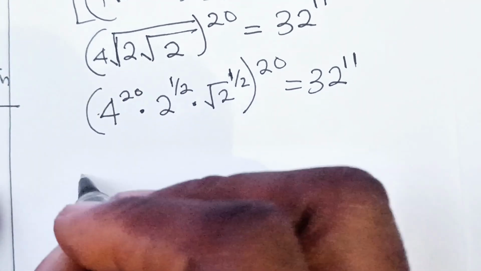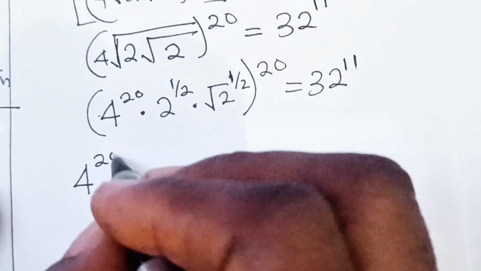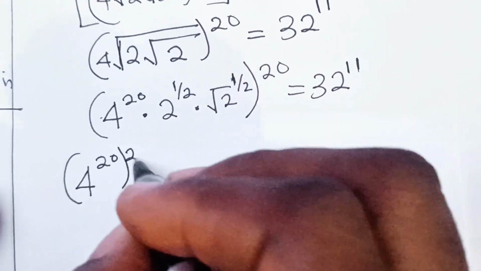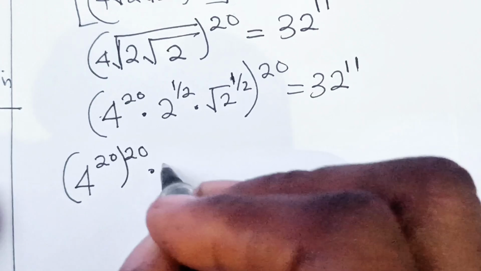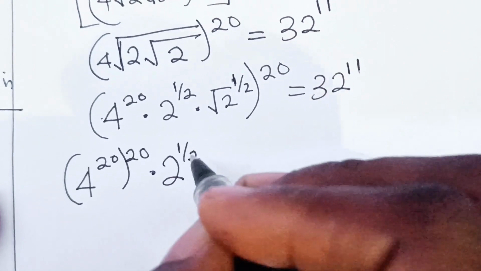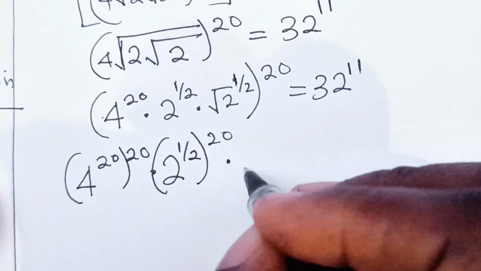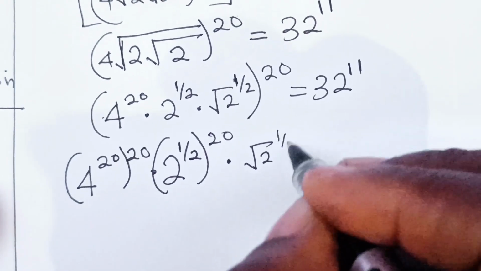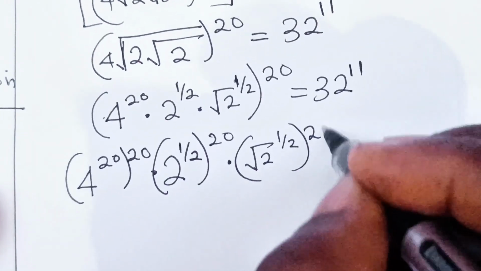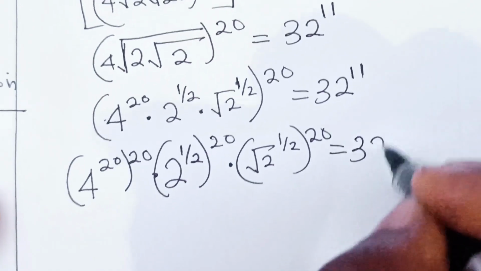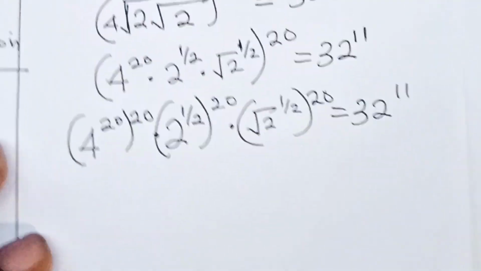So we open the bracket as 4 to the power of 20 multiplied by 2 to the power of half raised to the power of 20 multiplied by root 2 to the power of half raised to the power of 20 is equal to 32 to the power of 11.